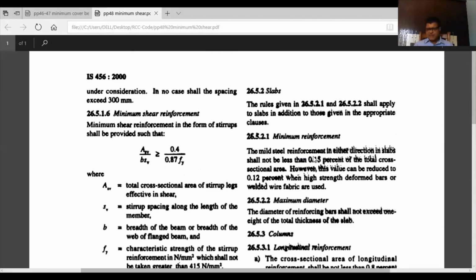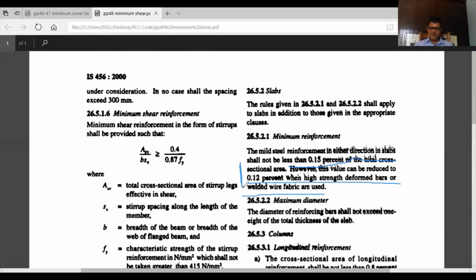The mild steel reinforcement in either direction in slab shall not be less than 0.15%. Please see it. So this is 0.15% of the bars' cross sectional area. However, this can reduce to 0.12% for high strength deformed bars or welded wire fabrics.